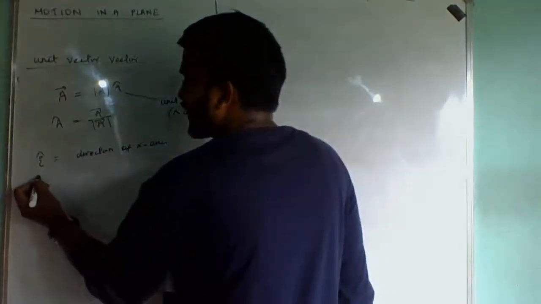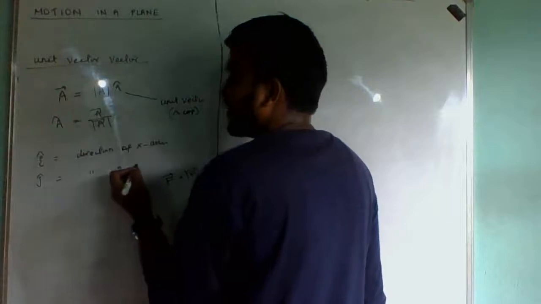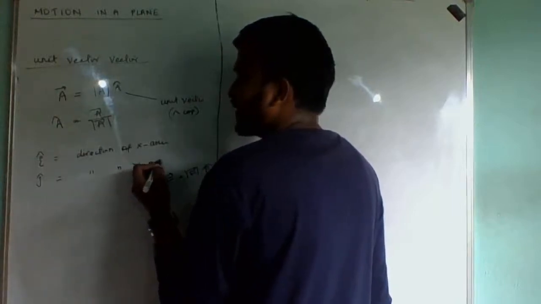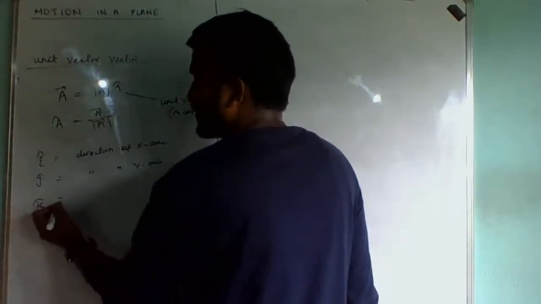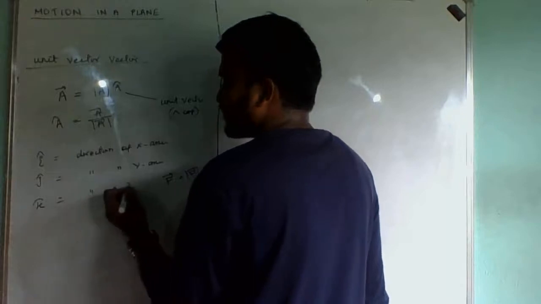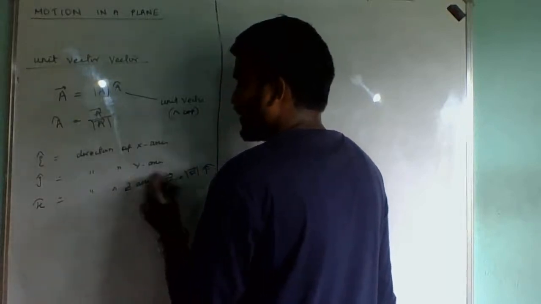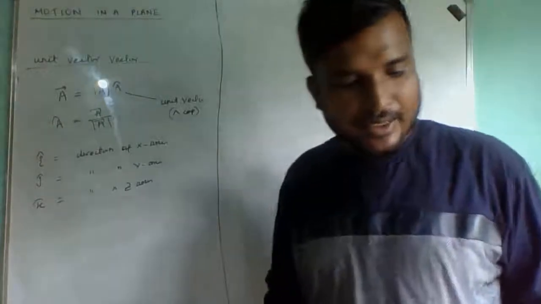Another is j cap, which indicates the direction of the y-axis. And another is k cap, which indicates the direction of the z-axis. I hope it is clear to you.